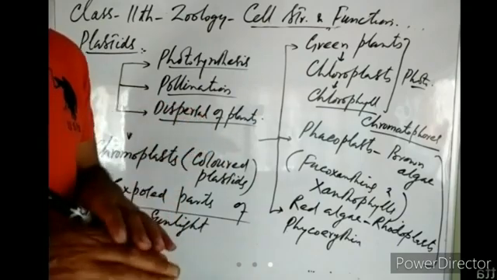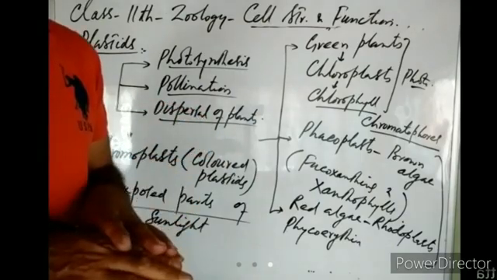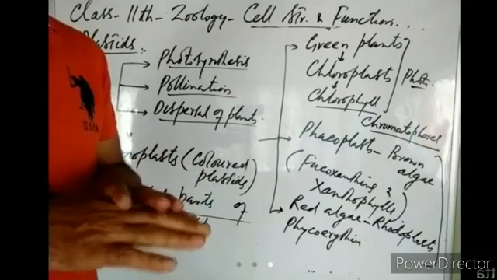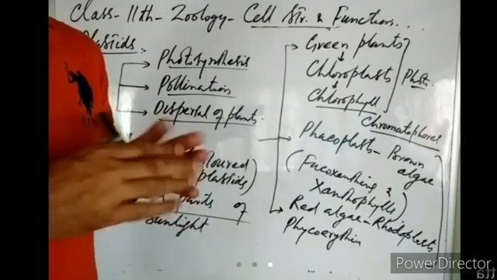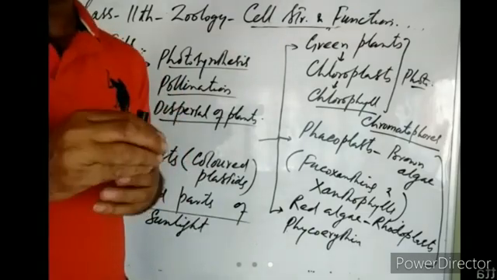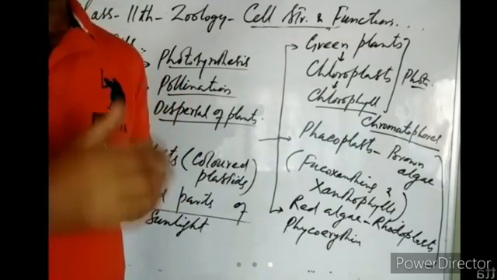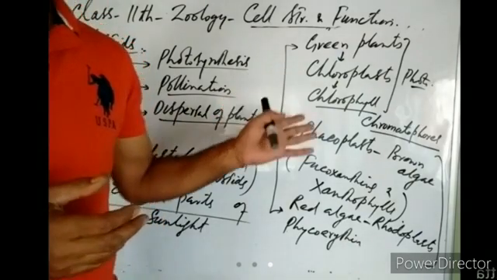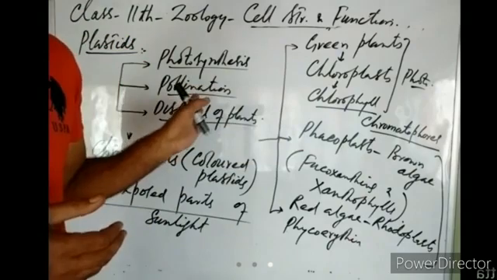Carrots are lying underground, so they are not directly exposed to sunlight. But they first make storage plastids. Then their storage plastids are deposited with carotenoid pigments and they assume the orange color, right? So a leucoplast may change into a chromoplast.